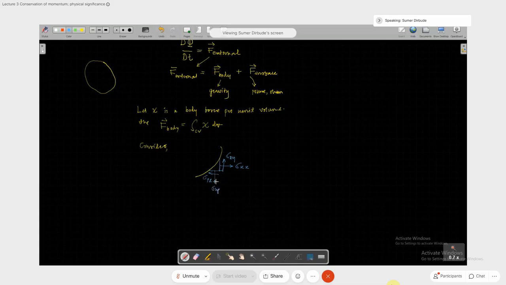A normal force and a tangential force may act in your xy coordinate system for this small surface element dS. Here this distance is delta y and this distance is delta x.